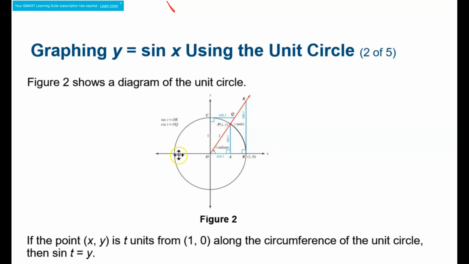So as we move along the circumference, t is increasing from 0 to pi over 4.